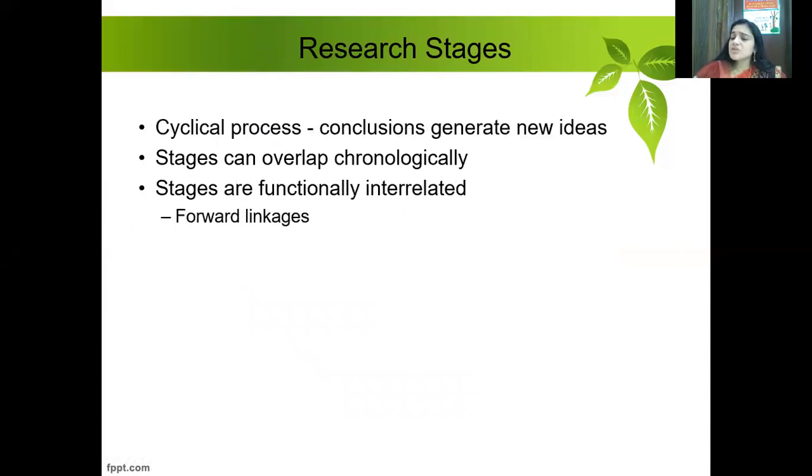Then stages are functionally interrelated. There are two kinds of linkages. One is forward linkage and another one is backward linkage. For forward linkage, for example, when we talk about research design, though you will be very clear after discussing research design in detail, still when you design research, you are preparing a master plan for your research, and for that you need to be very clear about research tools to be used, data gathering to be used, right?